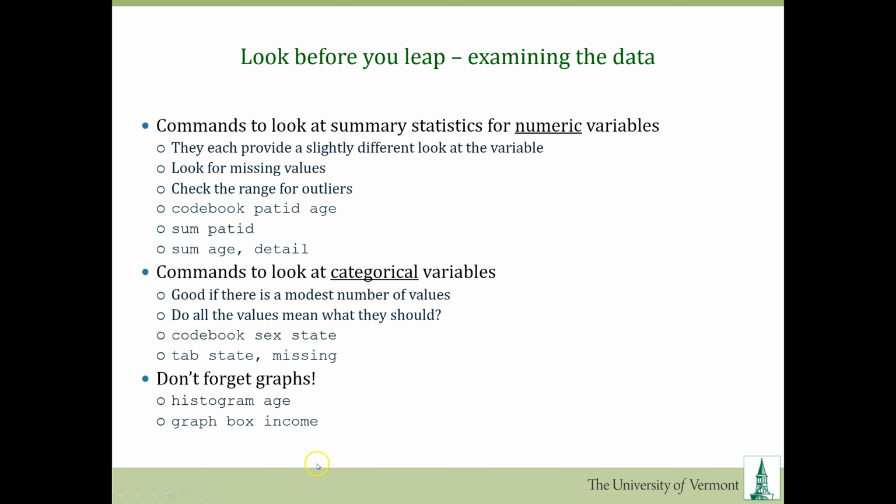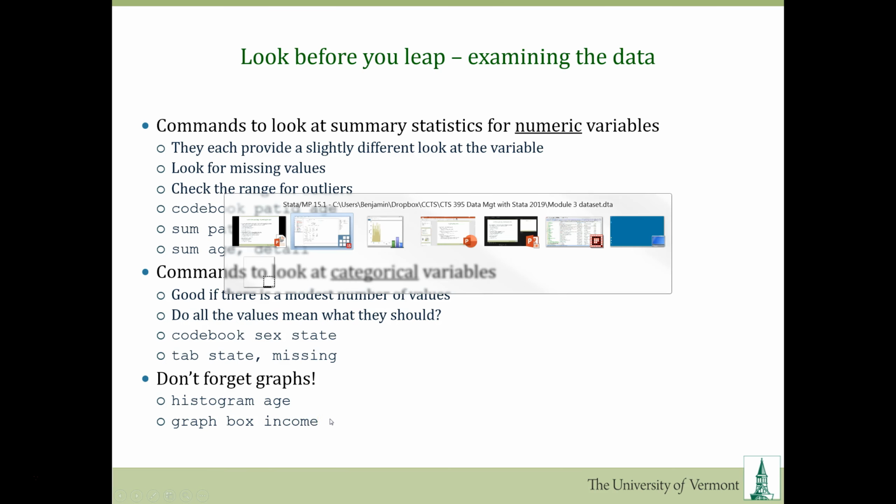Another thing we can do is draw a box graph, box plot. This command is a little different. It uses the general graph command with a subcommand of box and then the name of the variable. Let's take a look at what that does for us.